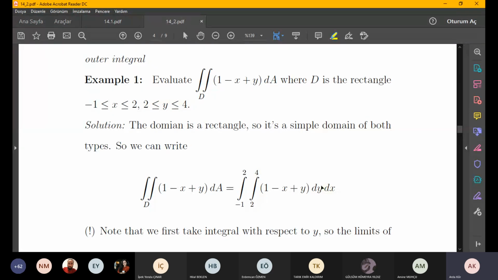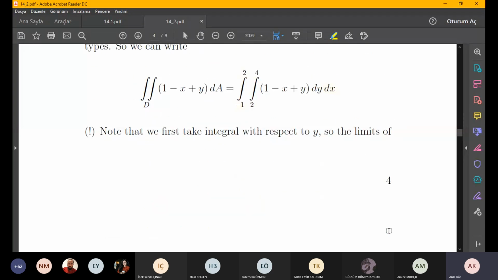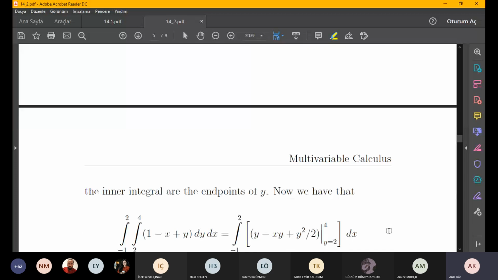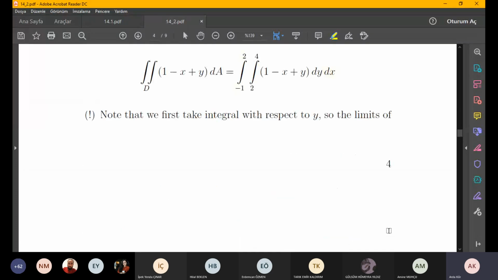So here we write after that, as a limit of integration, the borders of x. So this has to be from -1 to 2. Since it is a simple domain of both types, you can directly write this one as, let me see, okay, this is the same, sorry, pardon.